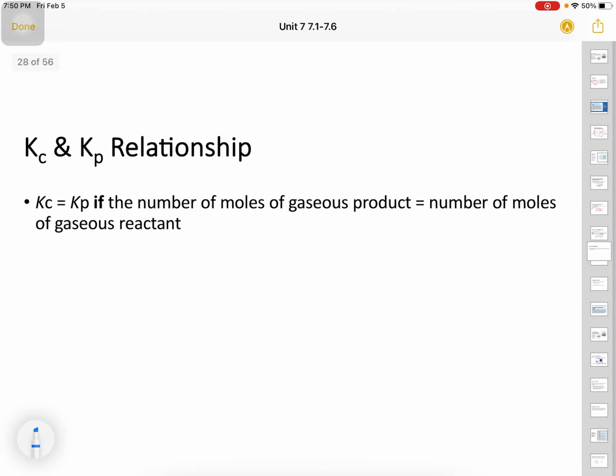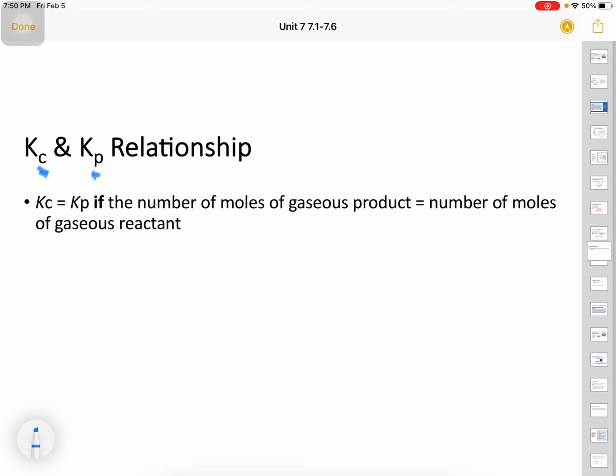Now, when you're dealing with the concentration-based equilibrium constant and a pressure-based equilibrium constant, their numerical values might not be equal to one another. There is a conversion to get from one to the other, but you do not need to know it.